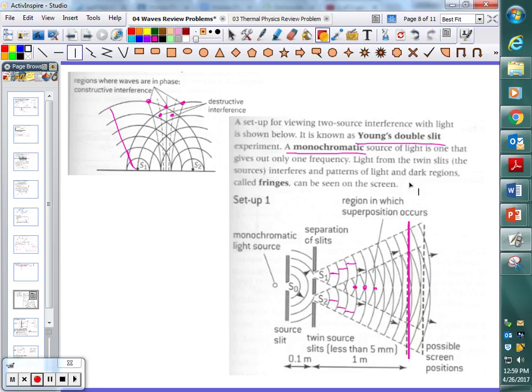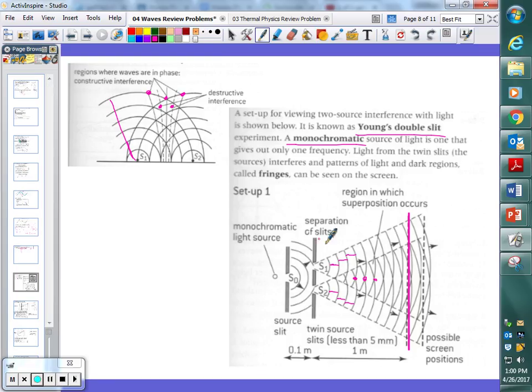What we find is that along that screen or wall, we get certain areas where there is constructive interference, like right here, and then certain areas right here. That's the biggest one, but it happens along the way. We will get certain areas along that wall where the waves interfere constructively, and certain places where they interfere destructively.